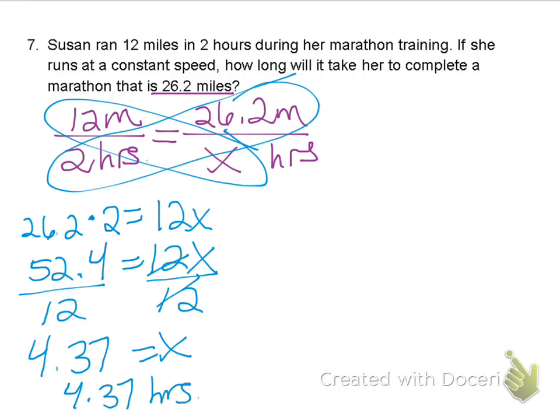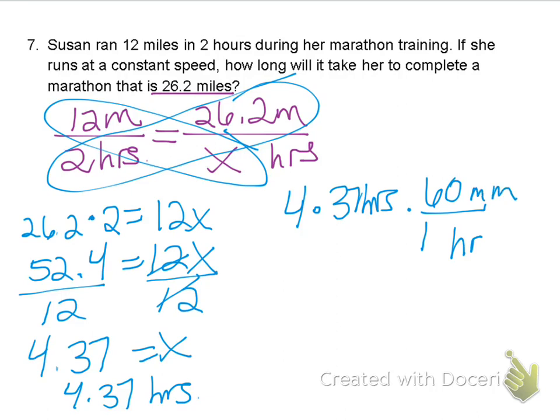But we don't normally write hours as a decimal, so we need to figure out how many hours and minutes this is. So we would multiply 4.37 hours. And we need to find out how many minutes it is, so we'll multiply by a unit ratio. 1 hour is 60 minutes. So if we multiply 60 times 4.37, it's approximately 262 minutes.